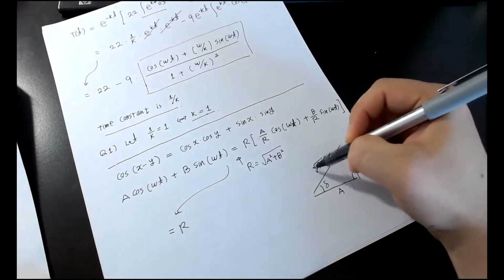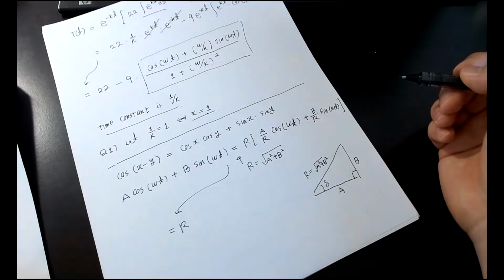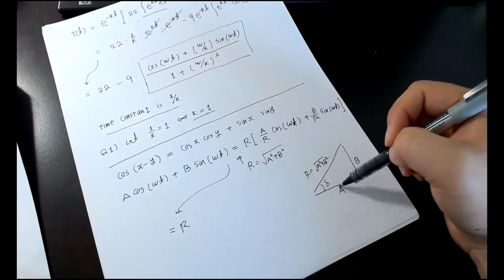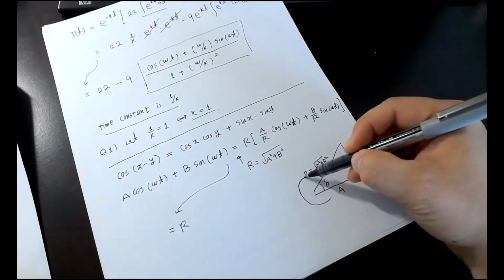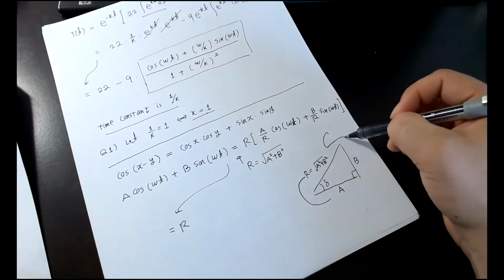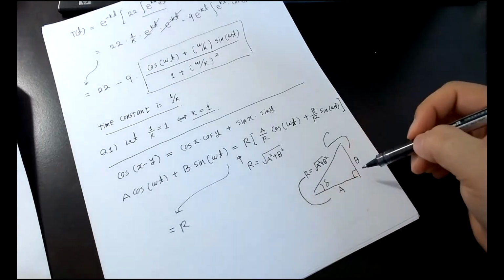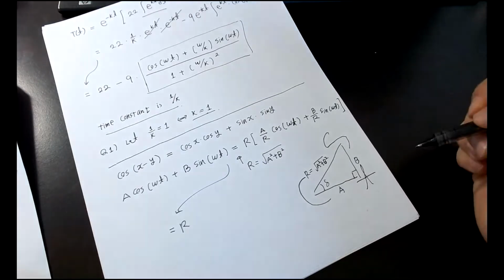Then a over r is cosine, b over r is sine, and tangent is b over a. Keep this in mind.